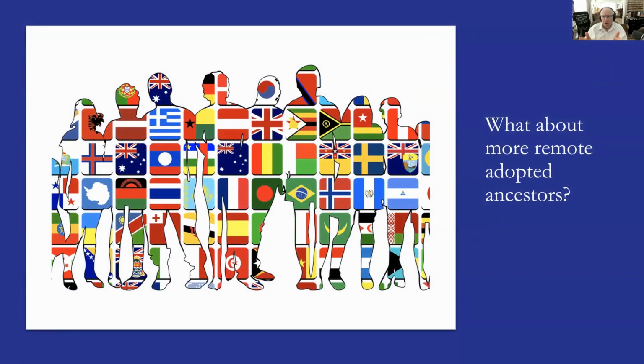Now, what about more remote adopted ancestors? There are two things, and I'm going to make a distinction here because it would be another class to talk about determining whether you and someone else are descendants of a remote ancestor. Let's say you have a community where there are 6 people with the same name, and there's no real way to tell which one is which.